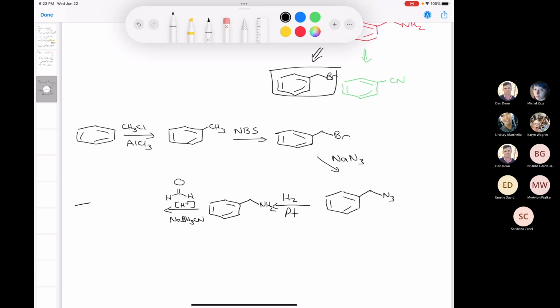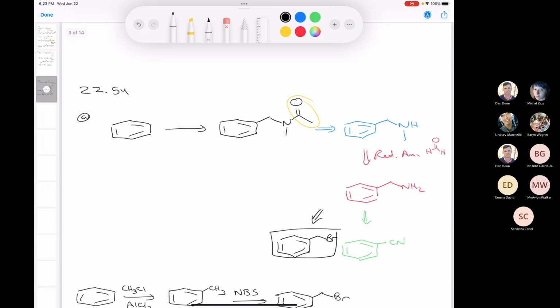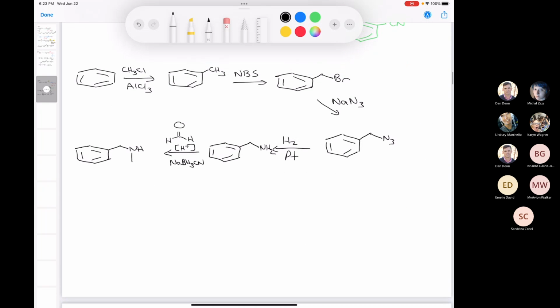And that's going to give us this compound. And then the last thing we need to do is the acylation. So install the acyl group. And for that, we just need acetyl chloride. So let's scribble that down here. Acetyl chloride, like that. And that will give us the final product.